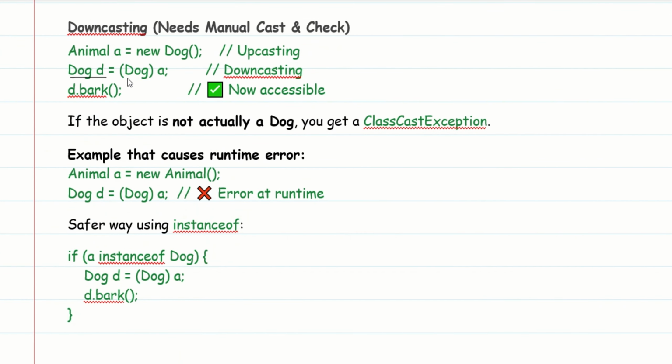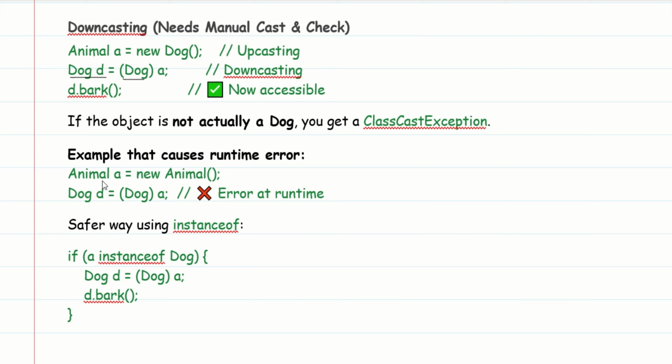Here I'm using a cast operator, where I add the child class name within the brackets. If the object is not actually a Dog, you will get a ClassCastException. Here you can see there is a runtime error.